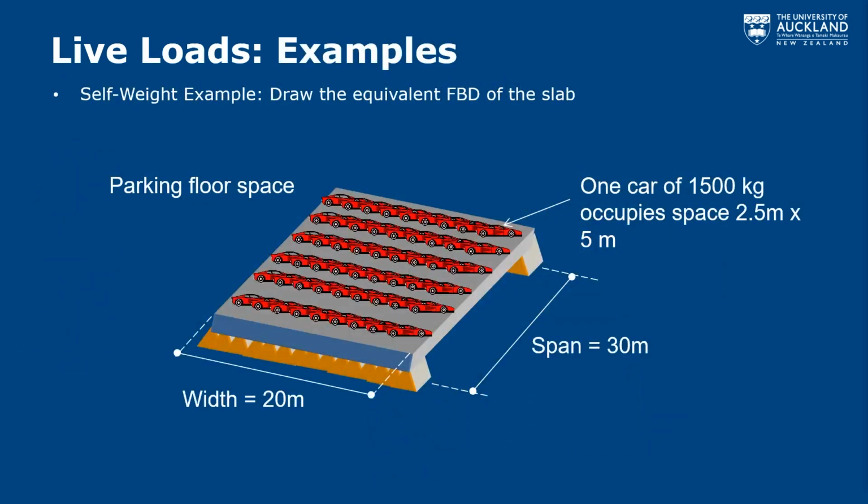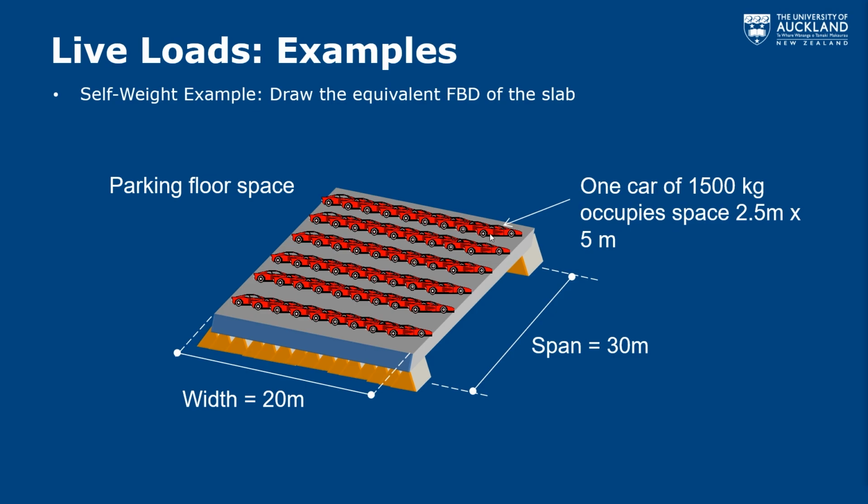All right, so let's just do a quick example of basically going from live load. Again, we're going to try to draw an equivalent free body diagram of these cars. So this is our car parking space. It's 20 meters wide, 30 meters long, and it says that one car weighs 1,500 kilograms, and it takes up a space of 2.5 meters by 5 meters.